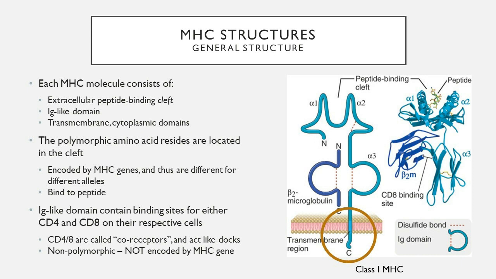Now, the polymorphic amino acid residues that are genetically coded and thus different from person to person are located in the cleft, so in the top portion of the MHC structure. And again, this is what binds to peptide. Now, despite this genetic variability from person to person, I want to stress that MHCs are not the hypervariable analog to antibodies or antibody receptors on B cells.